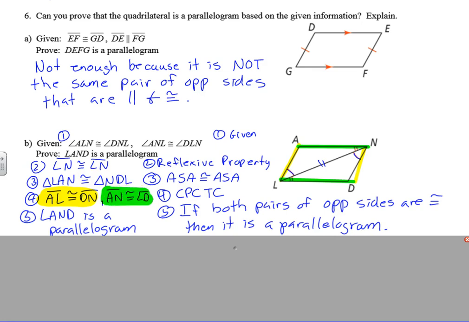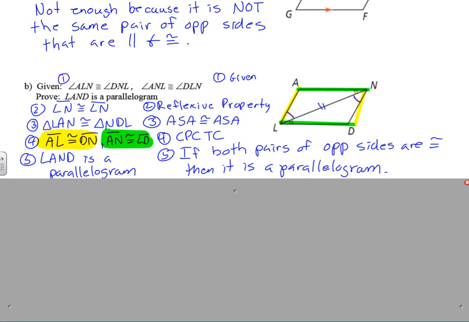So, because corresponding parts of congruent triangles are congruent. So therefore, LAND is a parallelogram. Why? Because if both pairs of opposite sides are congruent, then it is a parallelogram.